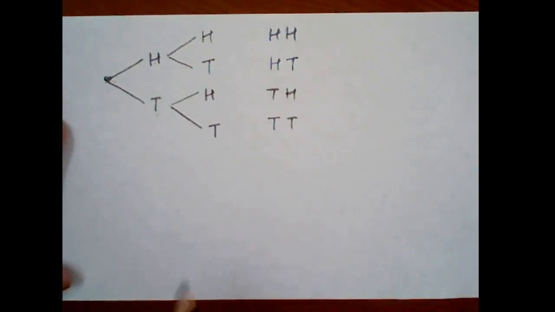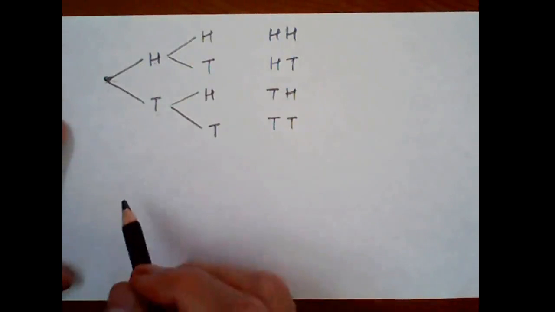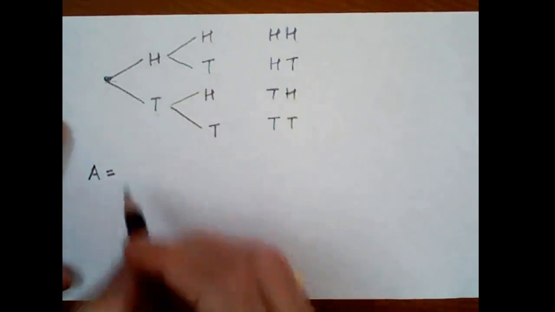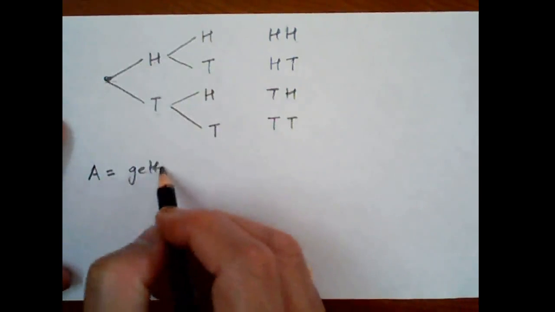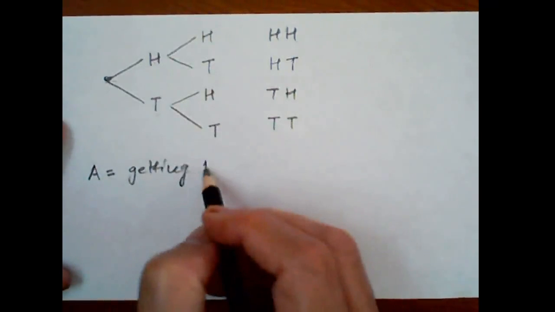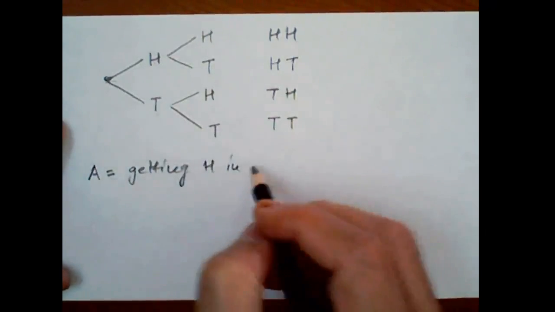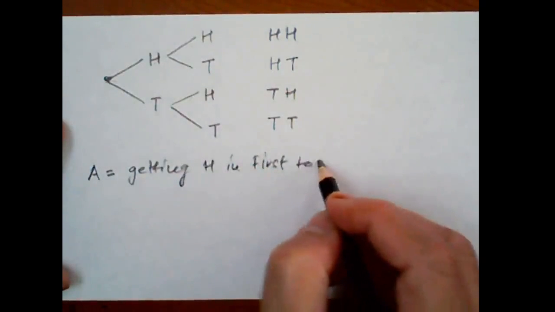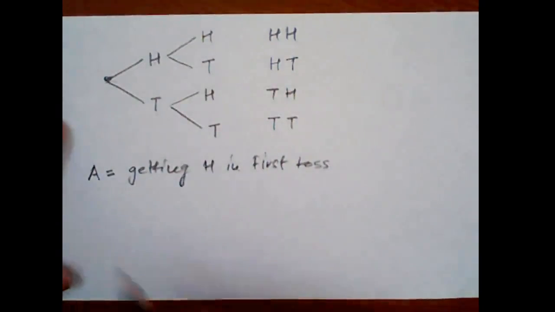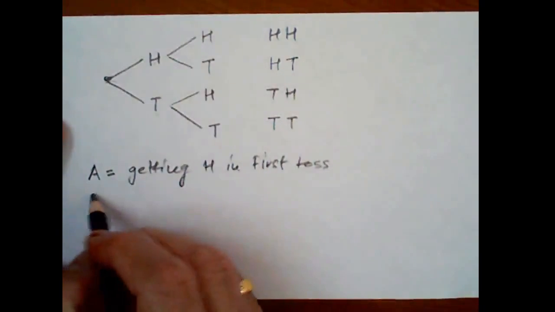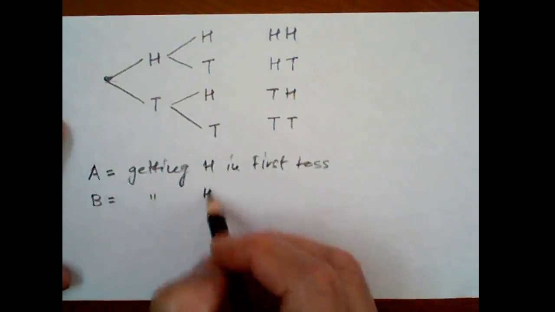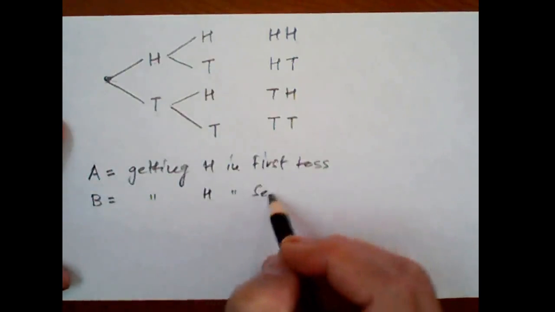Okay, so here we can declare an event A, which is getting heads in the first toss, and again we can define another event B, which is getting heads in the second toss.